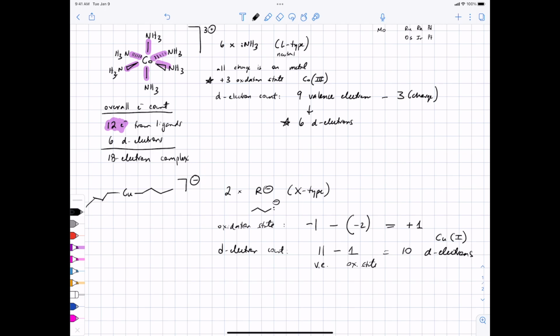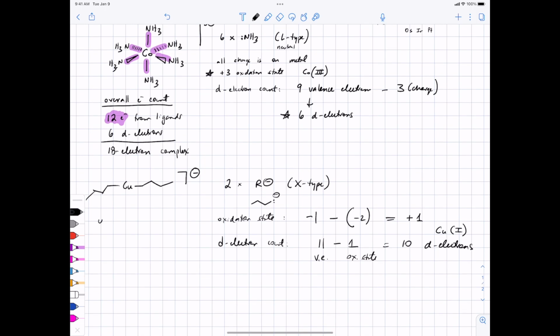All right. And then let's do overall electron count. By the way, you can sometimes use the d electron count to determine whether a particular complex is going to be paramagnetic. That is, is it going to have unpaired electrons? We won't worry about that here.